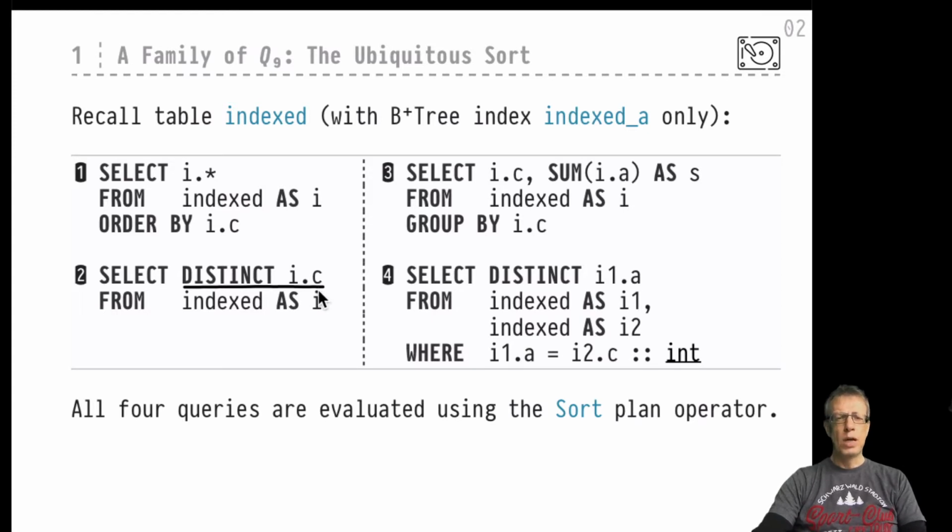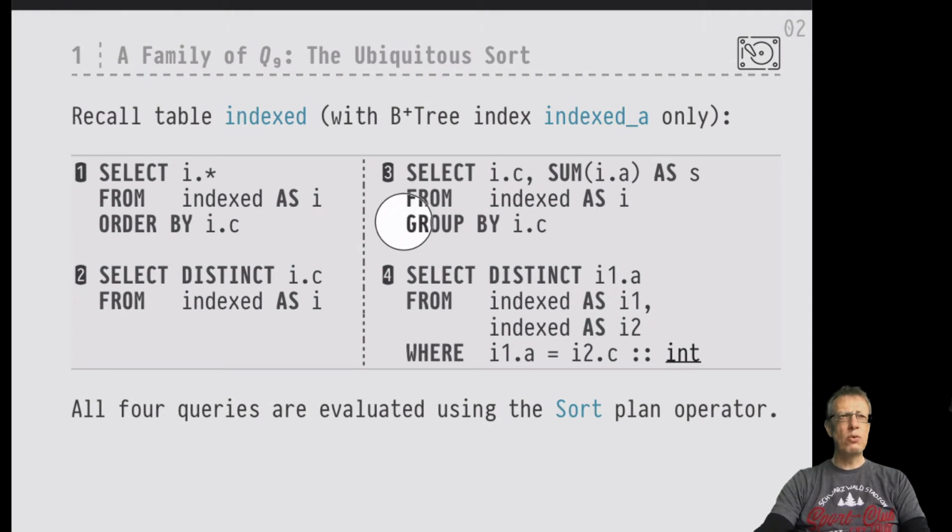And from this sorted representation of C values, it's easy to identify the distinct C values, because equivalent C values will be adjacent to each other. So sorting can play a role in the evaluation of distinct.